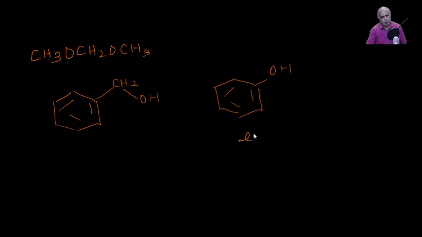So this is enol, that is phenol, whereas this is alcohol. This I already explained. But what is the IUPAC name of this one? This is methanol, so phenyl methanol.